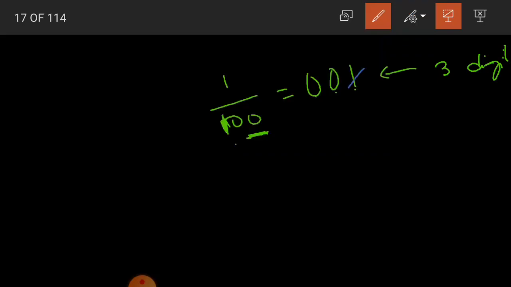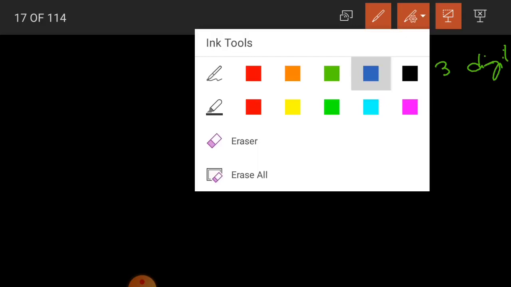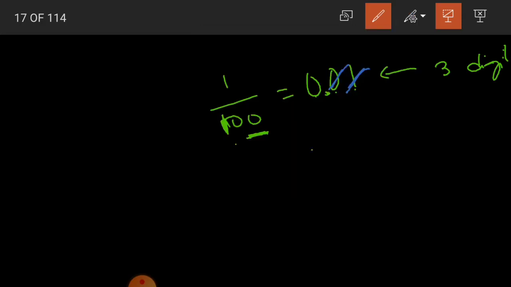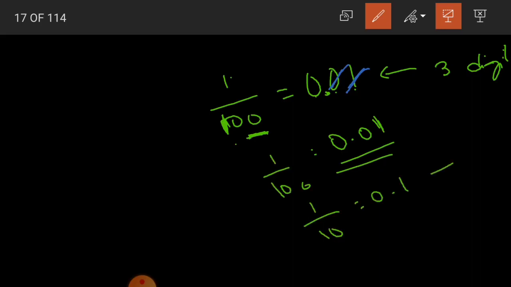So after 2 digits from the right, 1, 2, we'll place our decimal point. So 1 by 100 is nothing but 0.01. This was what we learned yesterday. 1 by 10 is equal to 0.1 and 1 by 100 is equal to 0.01.